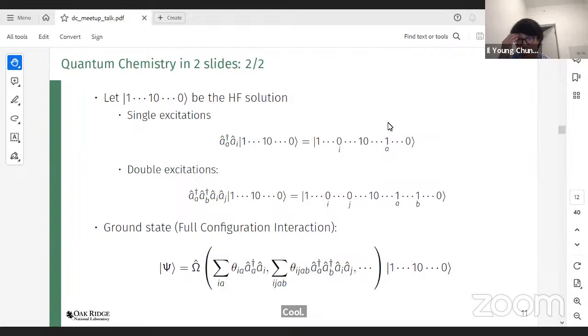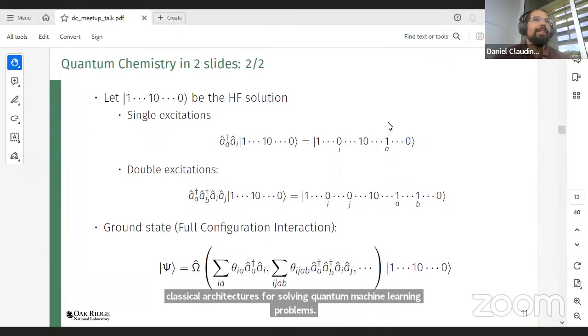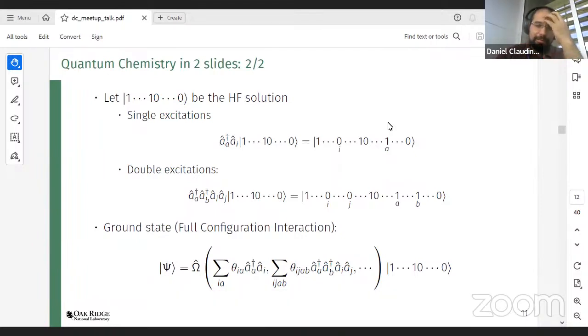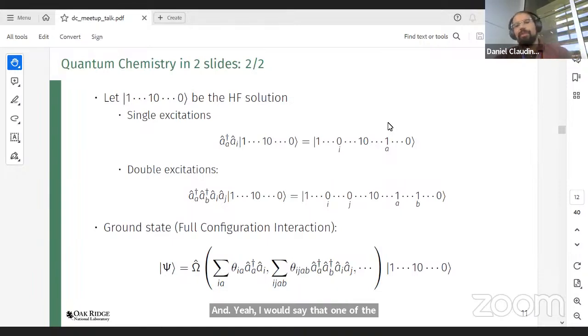Okay, another question in the chat. How is XACC handling the data loading problem for hybrid quantum classical architectures for solving quantum machine learning problems? We did a couple of machine learning experiments way back then, and because XACC is basically just a framework, it depends on the interfaces and the plugins that we add to it.